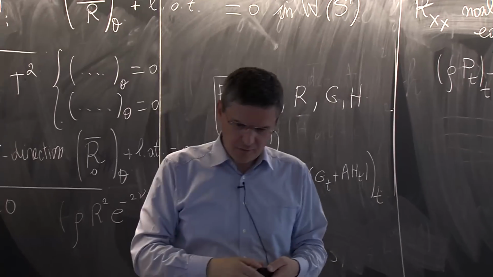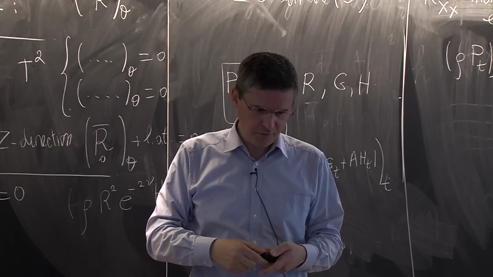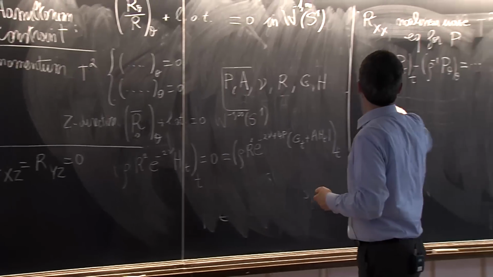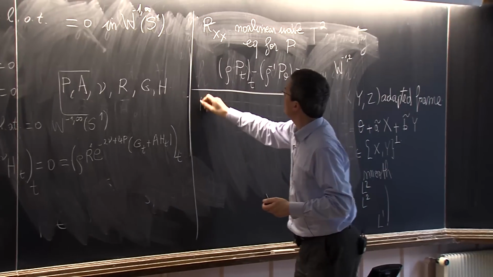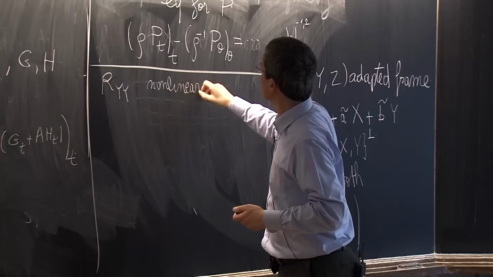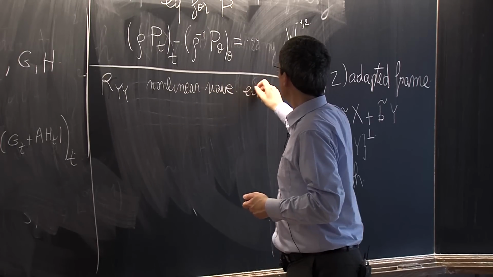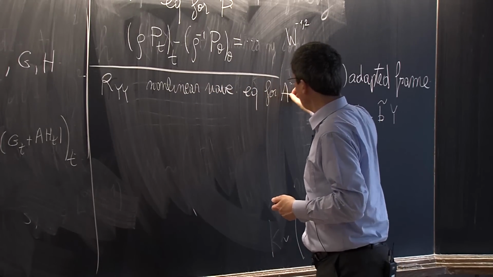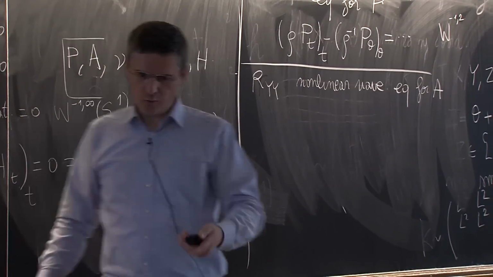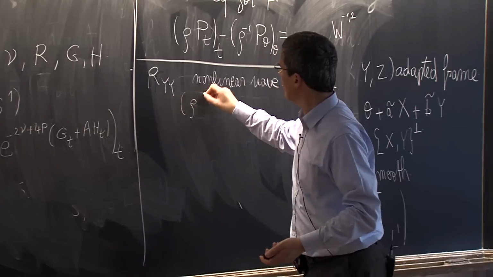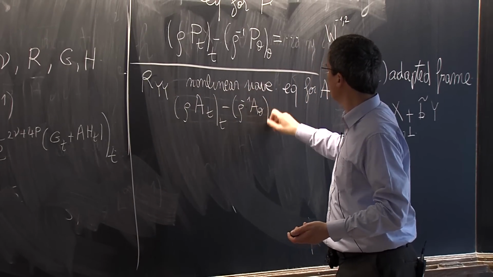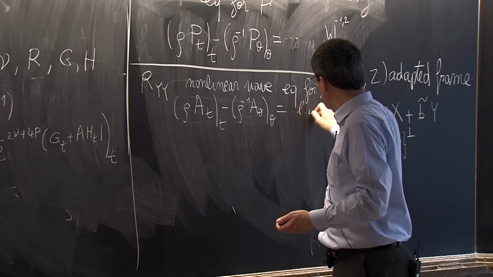We are almost at the end of this, and I have similarly the component Ryy, which is again a nonlinear wave equation, but now for capital A. I will just claim that the principal part is rho A_tt minus rho^-1 A_θθ equal lower order terms.